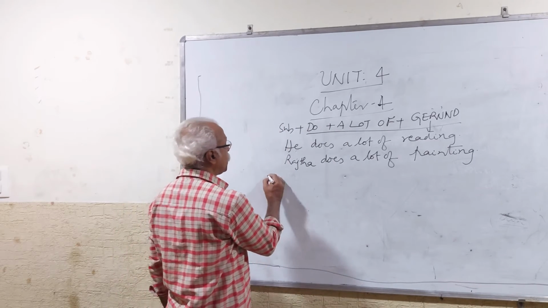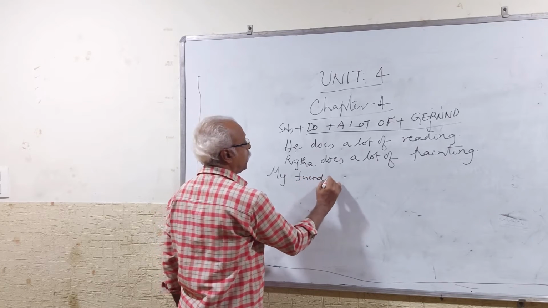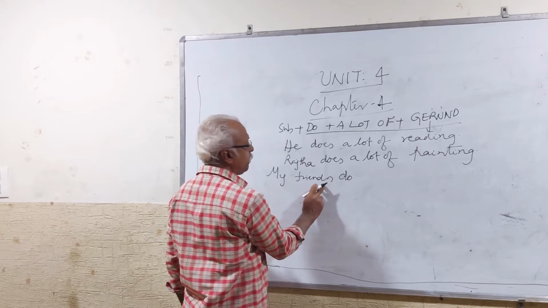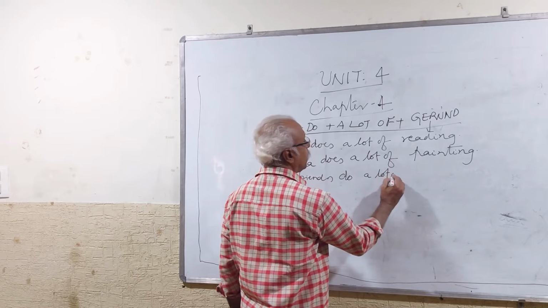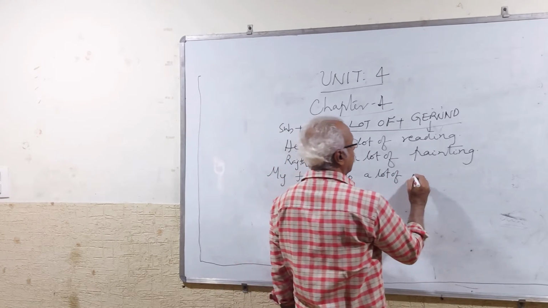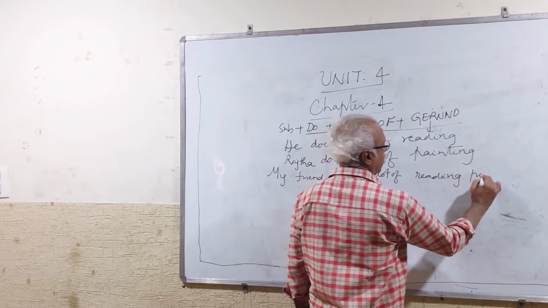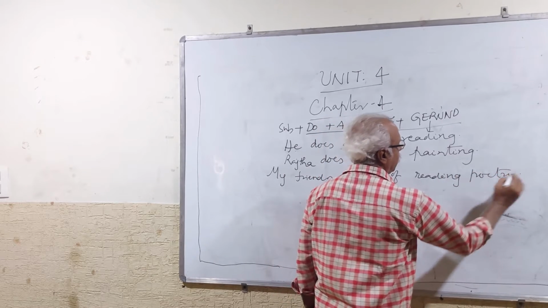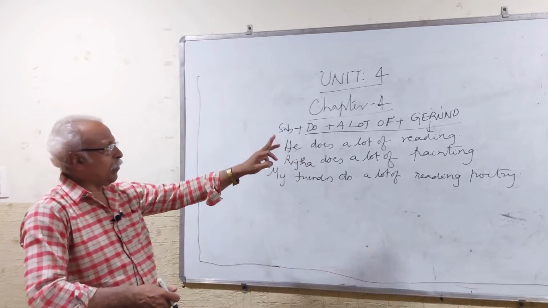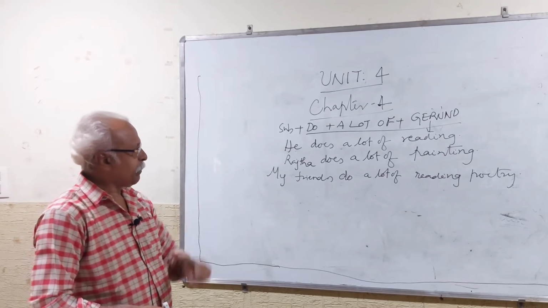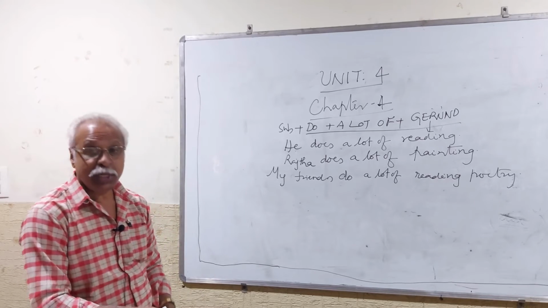Okay, my friends do. Friends plural, do have. My friends do a lot of reading poetry. The structure should be like: he does a lot of reading, Rajita does a lot of painting, my friends do a lot of reading poetry. What do these sentences mean?